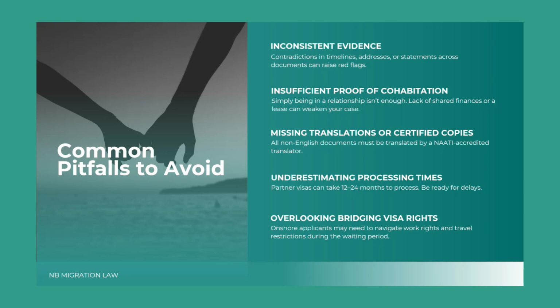I do have clients whose applications have been approved in 4 months, 6 months, 8 months, 9 months, or 10 months. And I have some clients whose applications were approved in about 15 months, because it depends on the circumstances.